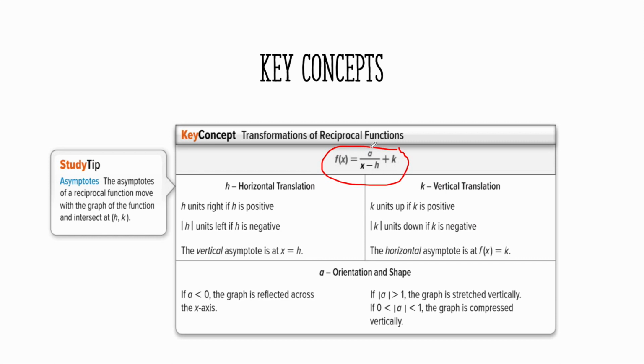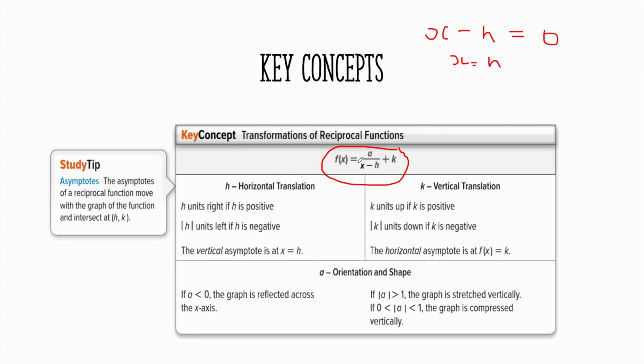So we have, I'll start with H. H is the horizontal movement. So our H, we have to take it out. So X minus H is equal to 0. And X is equal to H.